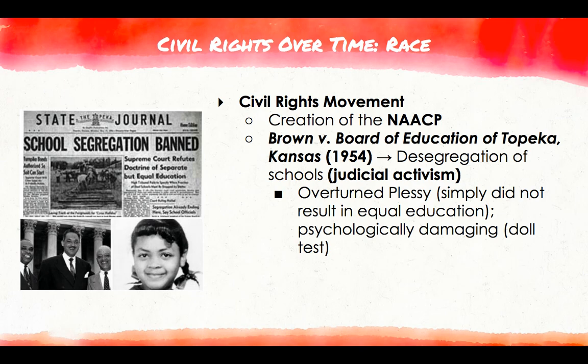For example, the Supreme Court cannot enforce these rulings. It could not enforce segregation ending right away. So we see delays in desegregation, and we also see, in some instances, flat out refusal to desegregate.